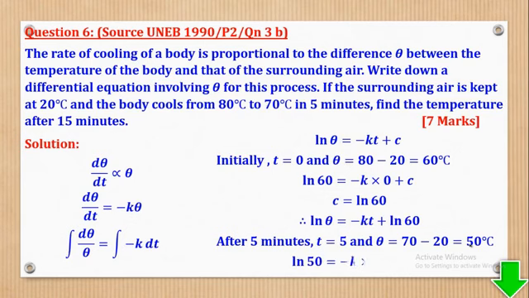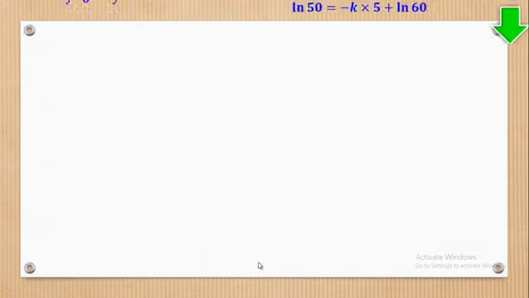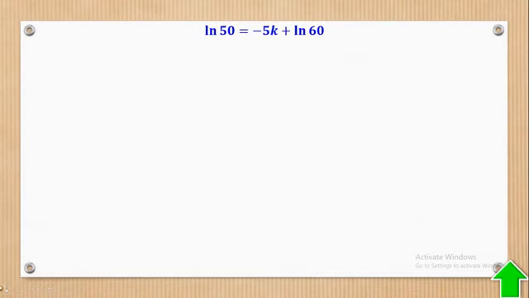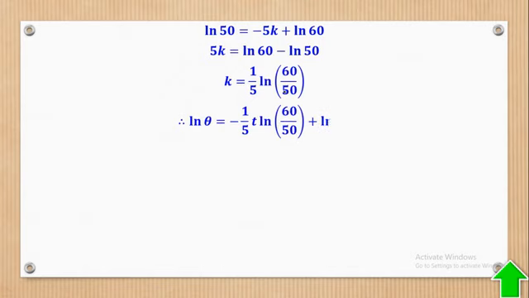So when I substitute, I'll come up with that. So I have to simplify and get the value of k. So simplifying will give me that, and the value of k will be equal to 1 over 5 ln 60 over 50. Then I'll come and substitute for k to come up with that equation.